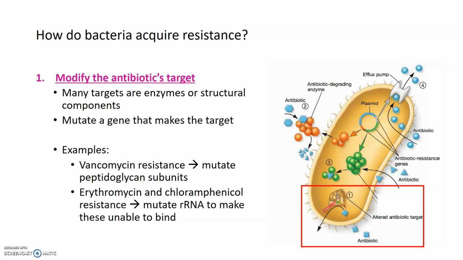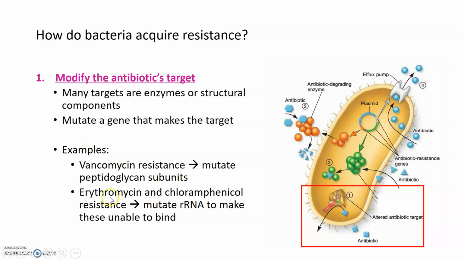In resistant bacteria, there are often mutated genes that encode these targets, and basically they remove their ability to act as a target. For example, there are some types of resistance to the antibiotic vancomycin where the bacterium has mutated peptidoglycan subunits, or mutated pieces of the cell wall. The antibiotic can no longer affect these mutant peptidoglycan pieces, and therefore these bacteria become resistant to the antibiotic.